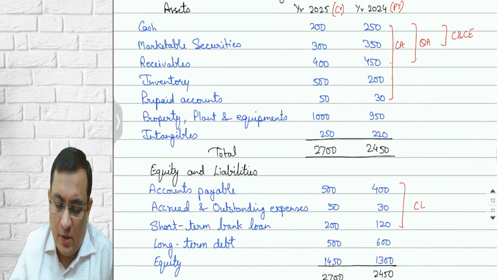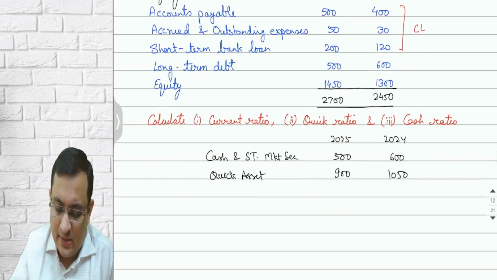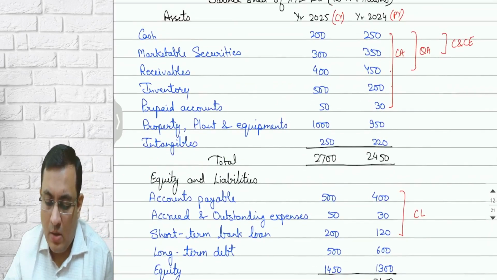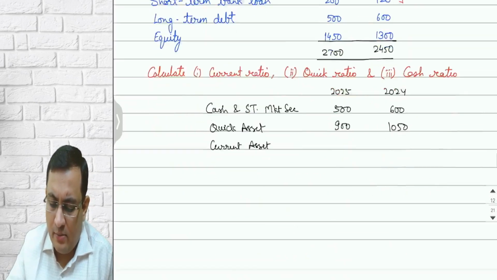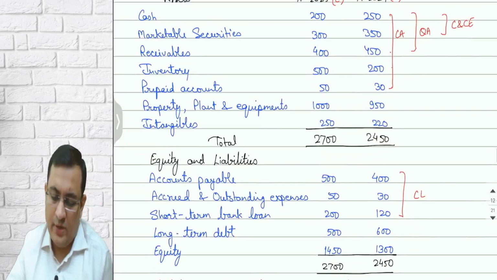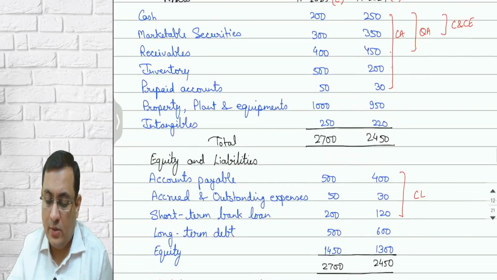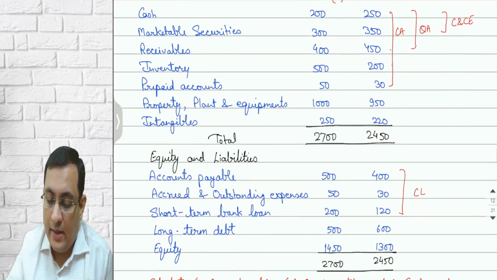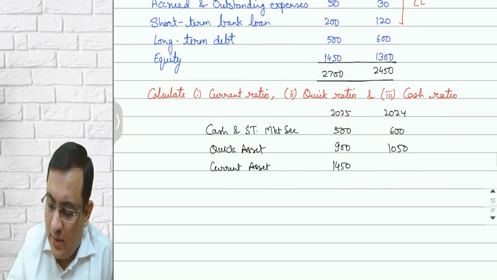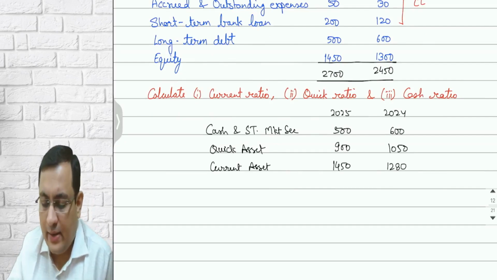And last, your total current assets: 550 will be added more. So 550 plus 900 is your 1450. And here we are going to add 230, which is 1280.